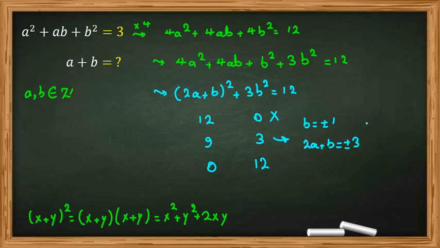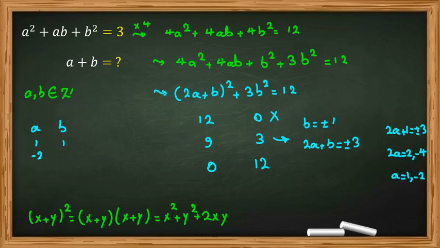And if we check, for example, if b is 1, then, so let me write it here. I want to consider AB. If b is 1, then 2a plus 1 is plus minus 3. Then 2a is 2 or negative 4. Then a is 1 or negative 2.